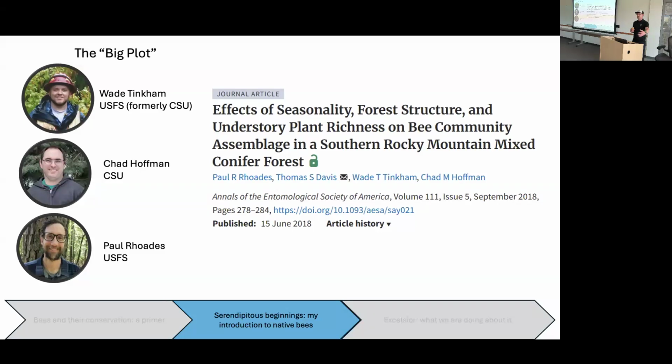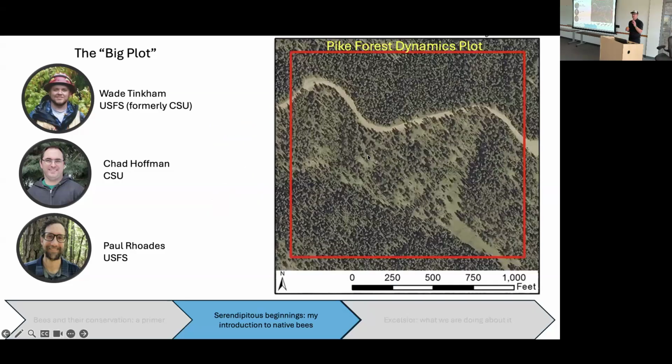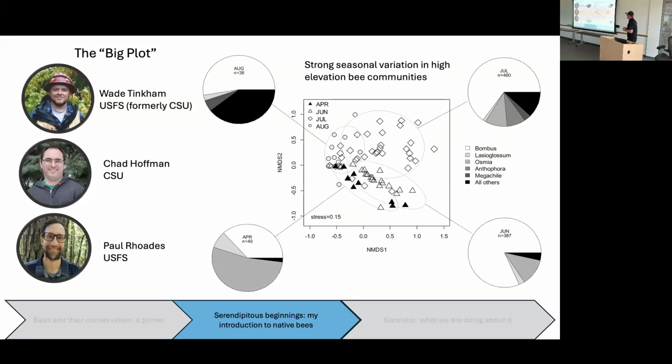It was really my introduction into learning about how you sample and describe native bee assemblages. This is a spruce forest, so it's not a terribly diverse system insofar as insect biodiversity. But one of the things we learned was that there's a great deal of seasonal variation in bee assemblages.